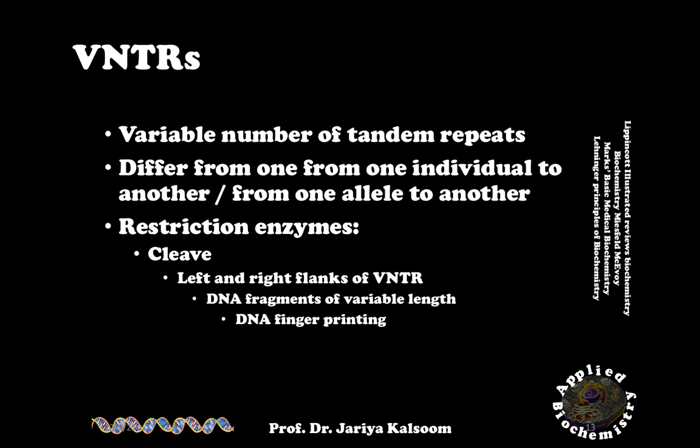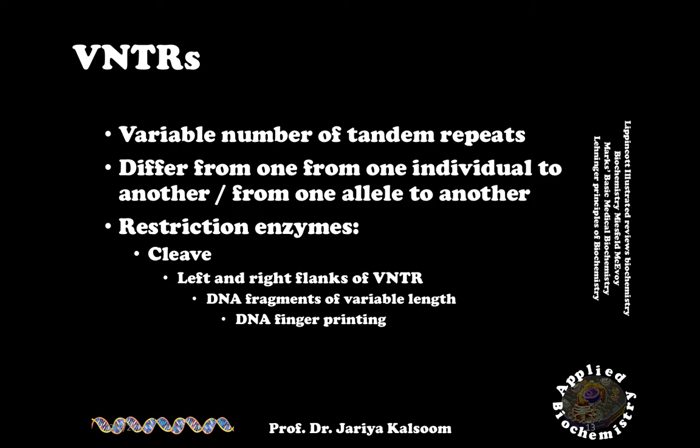Normal human DNA has many regions that contain a highly variable number of tandem repeats, VNTRs. The number of repeats differs from one individual to another and from one allele to another. Restriction enzymes that cleave on the left and right flanks of a VNTR produce DNA fragments of variable length.